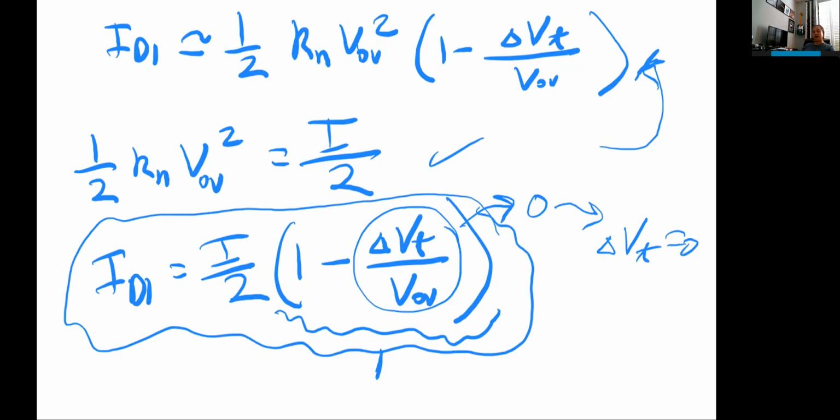And we can go through the same thing and get the drain current for transistor 2, or I can just realize that the drain current for transistor 2 is the bias current minus the drain current for transistor 1, because these two currents come together as the bias current I. And also, remember that I have the gates tied to ground.